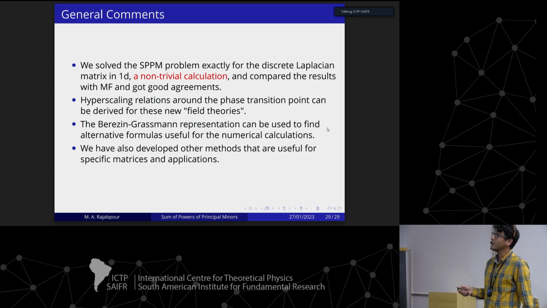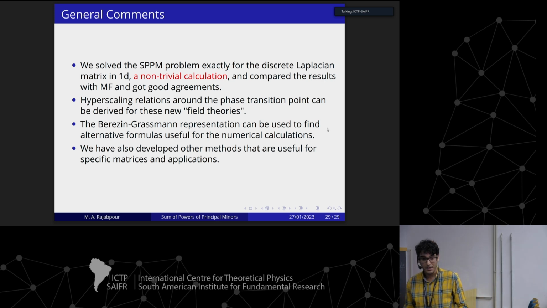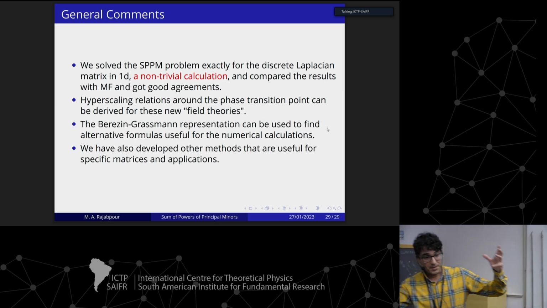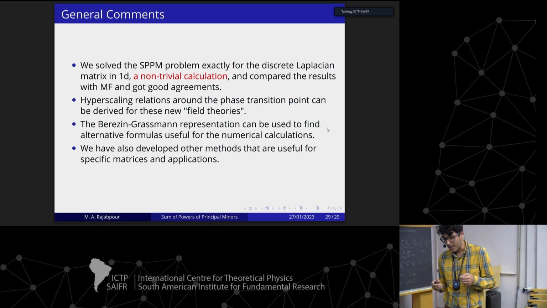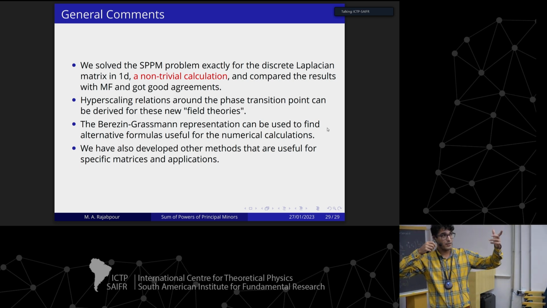So in this case, we have symmetric matrices. Well, now we are thinking that maybe this problem is interesting for its own sake as a statistical mechanical model, because principal minors of the Laplacian are related to something which in graph theory they call rooted spanning trees.